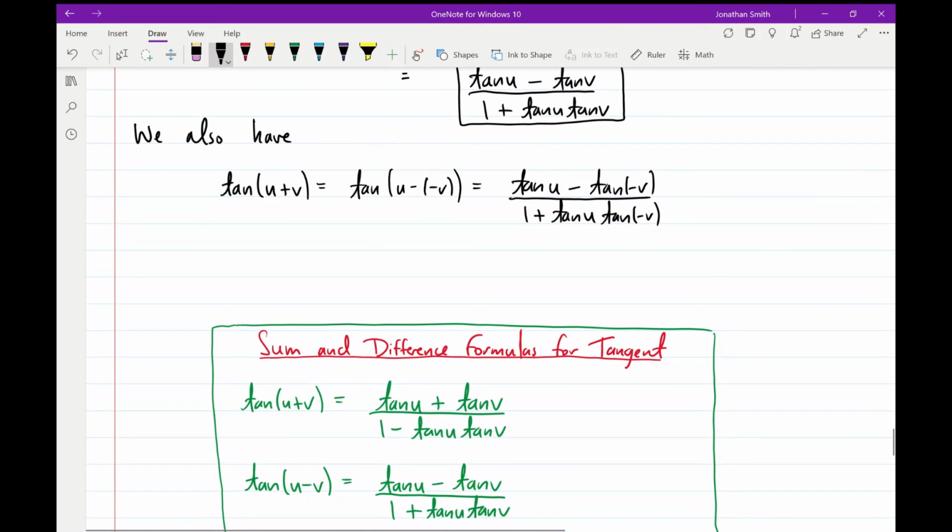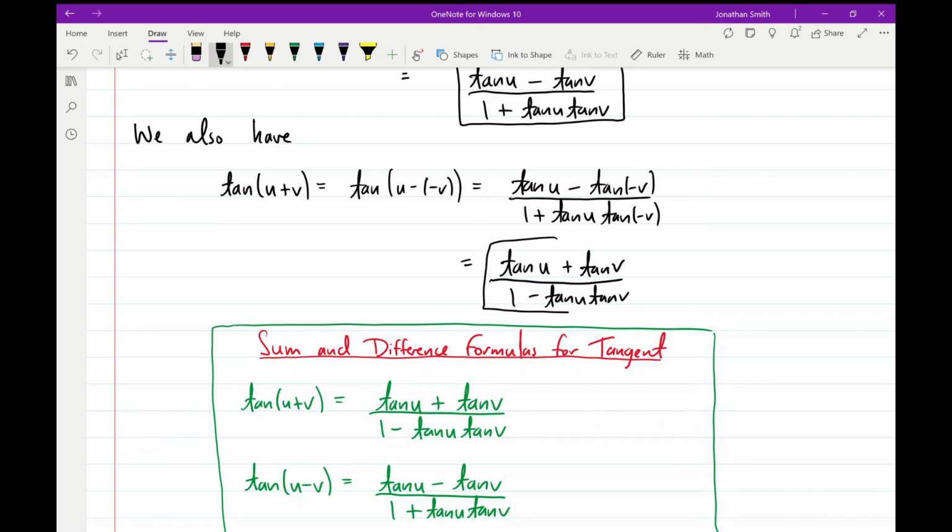But remember, tangent is an odd function. So we rewrite this as tangent of u plus tangent of v over 1 minus tangent u tangent v. And this now gives us our formula for the sum of angles inside of the tangent function.